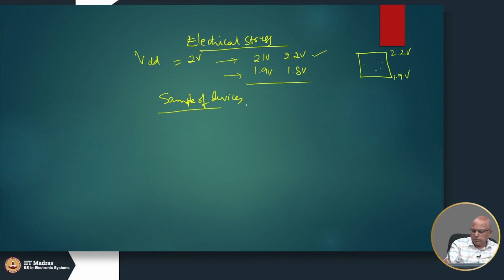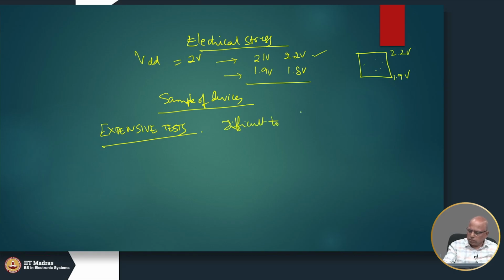Even for burn-in, it may be very expensive to do burn-in test and voltage stress test. So, these are expensive tests. It may be difficult to do them for all our manufactured chips.